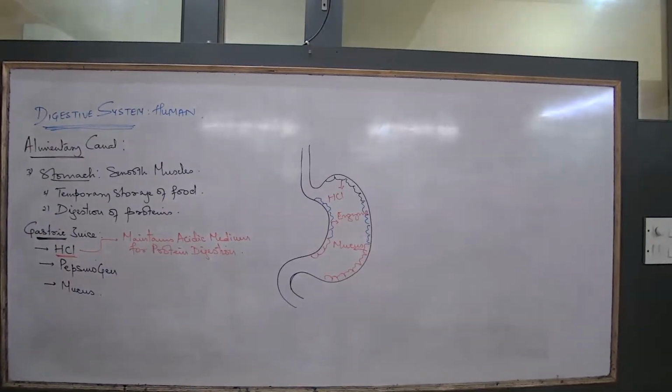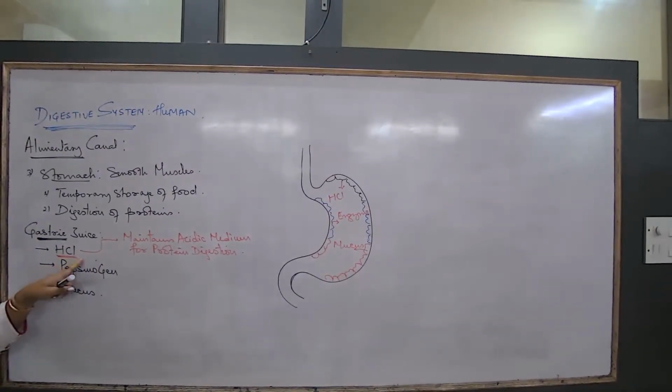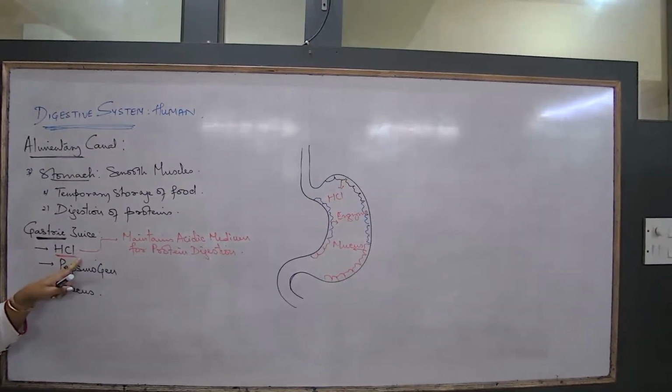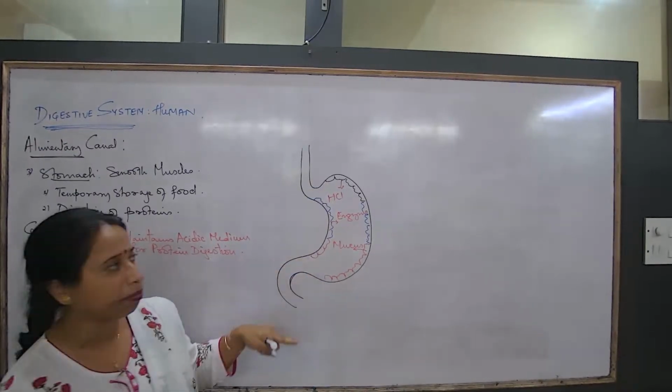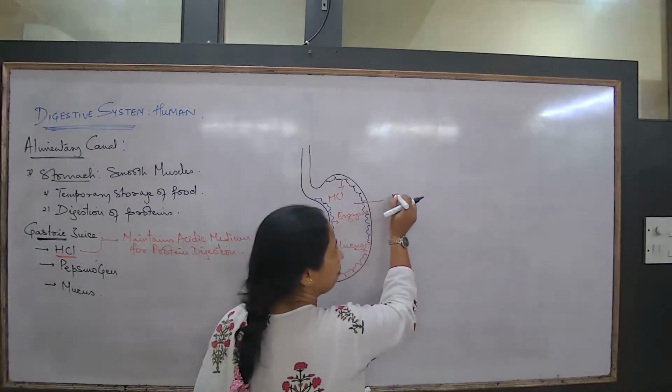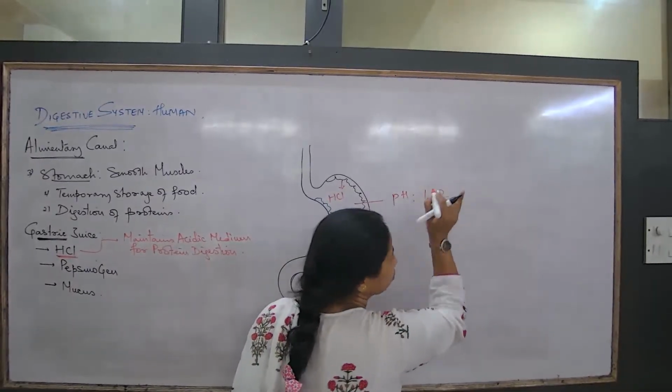Functions of hydrochloric acid, for 2 marks you get questions there, so you should be very clear. I'm talking about the role of hydrochloric acid. The most important role is that this hydrochloric acid will maintain an acidic medium in the stomach. Acidic medium means what is the pH of the stomach? The pH of the stomach is generally 1 to 2.